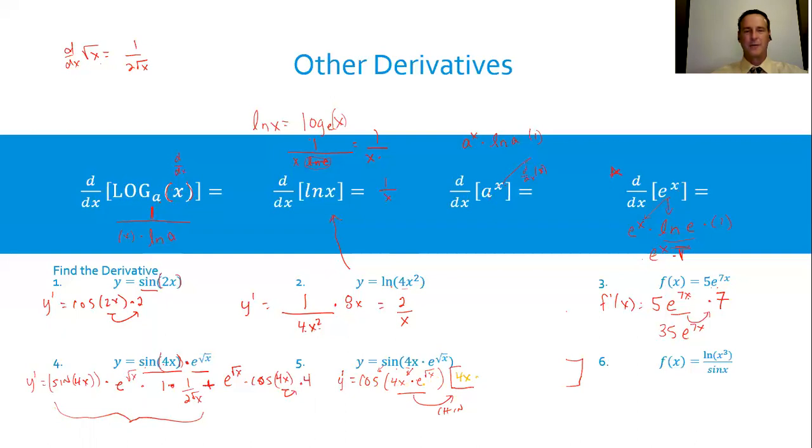The derivative of e to the square root of x, we've actually already done that. It's itself, times the natural log of e, which we know what it is, and then times the derivative of the square root of x, which is what we said right there, times 1 over 2 square root of x.